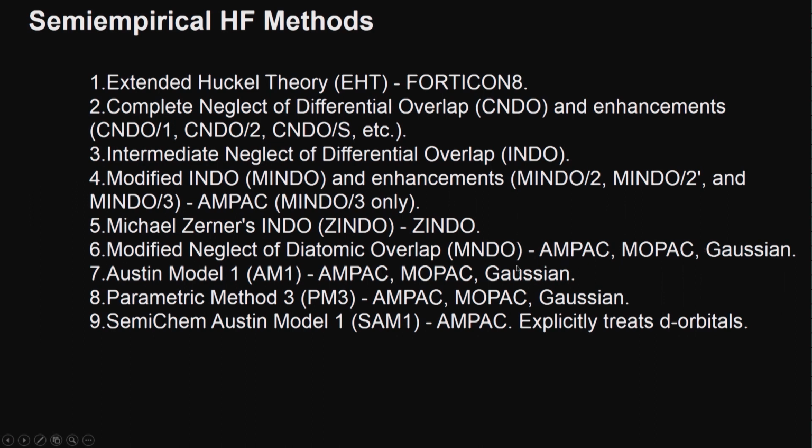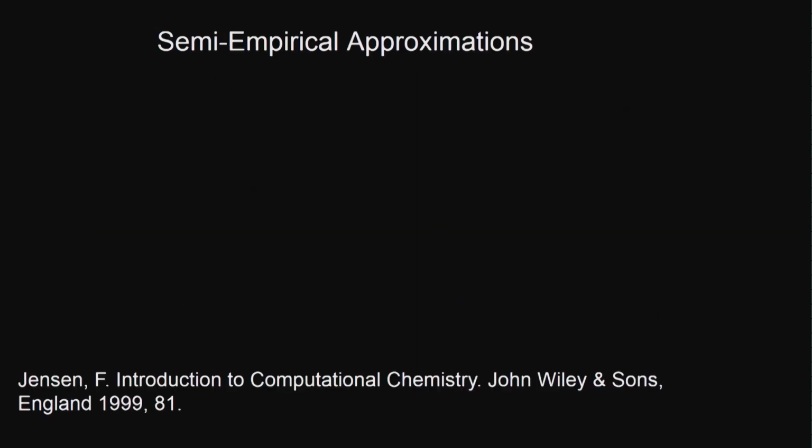MOPAC is there, MOPAC takes care of that. Then we have AM1, Austin model 1, then parametric model PM3, then SAM1, and PM3 has become even PM6. So a large number of semi empirical methods. Generally MOPAC is a good program, and we can use these methods which are really good for your calculations.